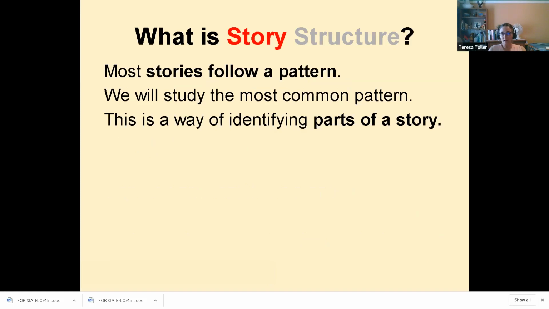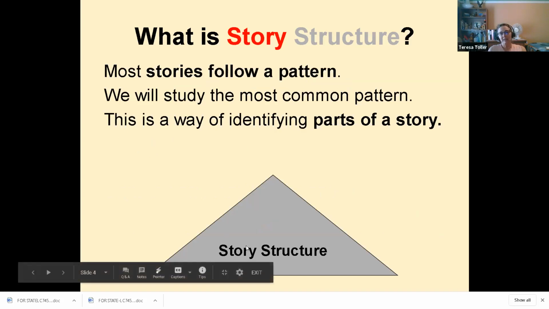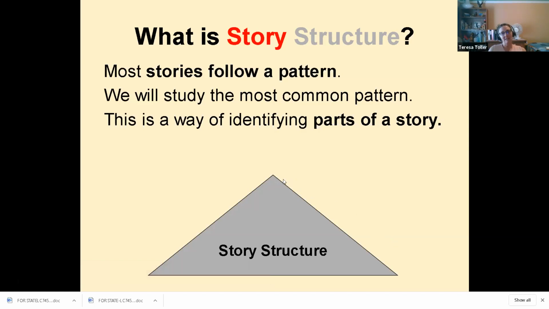Most stories follow a pattern, and that pattern is, I'm using a triangle to show that, even though this isn't necessarily a good way to show it, and I'll explain that in a few minutes.